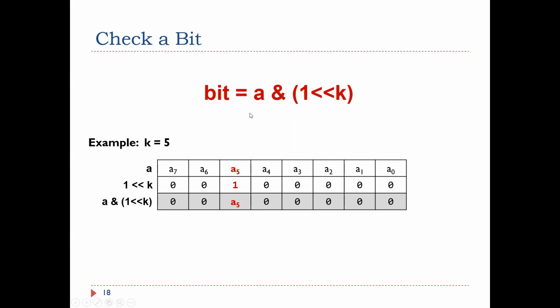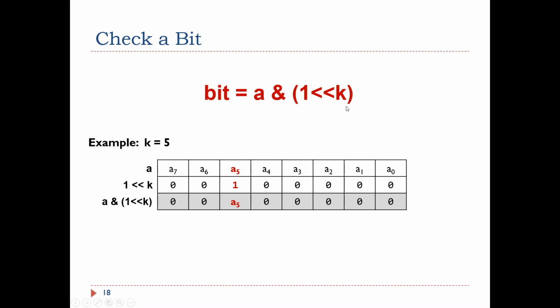So let's take a look at an example. Let's assume that A is 8-bit data. So we have a byte, and it has 8 bits here, A0 to A7. In this example, let's assume that we are trying to check the fifth bit, to see whether it is 1 or 0. So k equals 5.